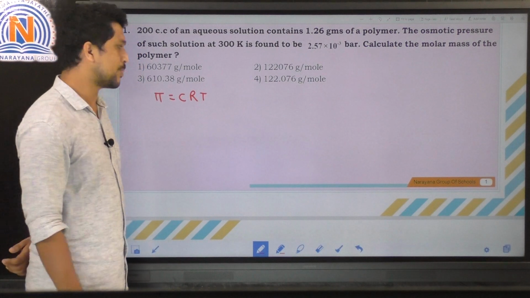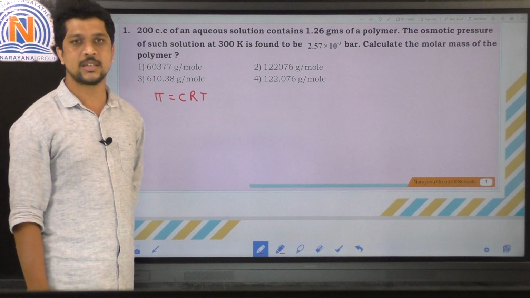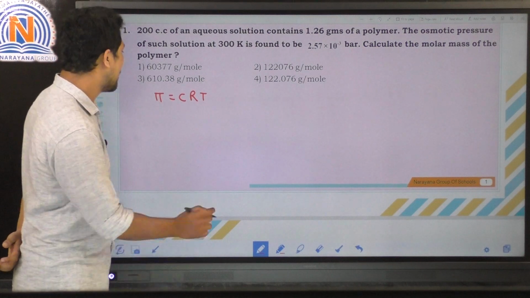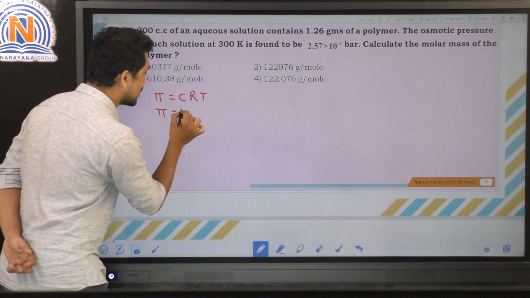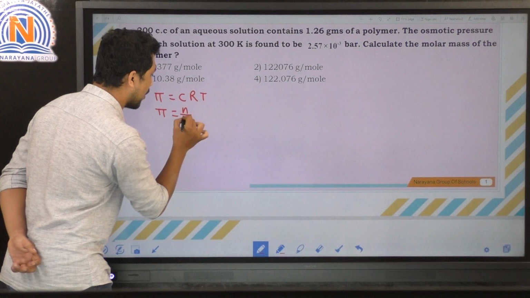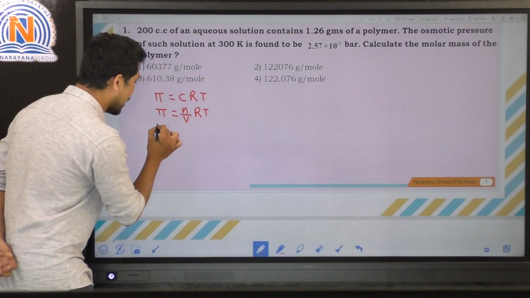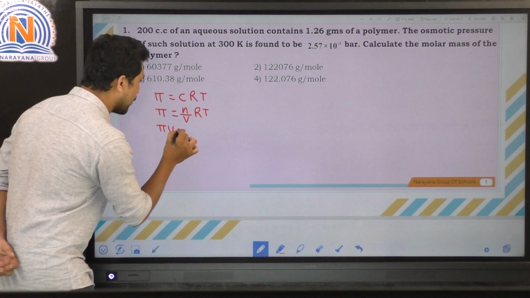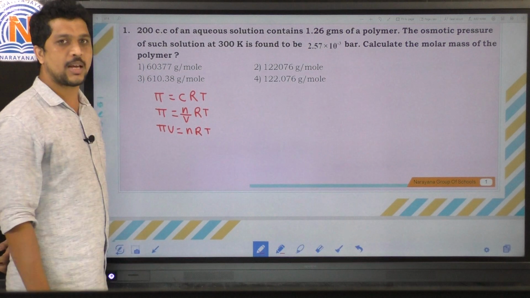Here pi is osmotic pressure and C is concentration, R is gas constant and T is temperature, right? So this one we can elaborate. Here concentration is number of moles by volume of solution into RT. So pi V equal to nRT.